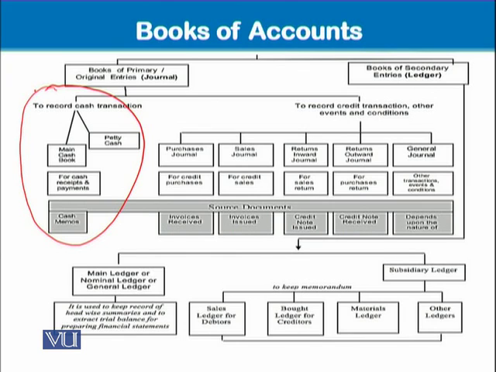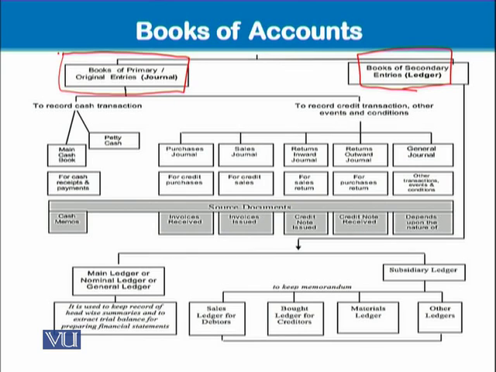Next comes ledger, which is in fact the secondary level book of account. Remember, the book of original entry where transactions are originally recorded is known as journal, and the book in which transactions are recorded after recording into the journal is known as ledger.